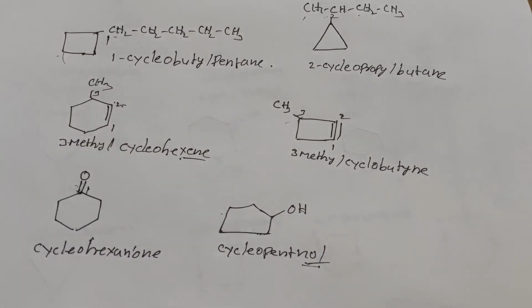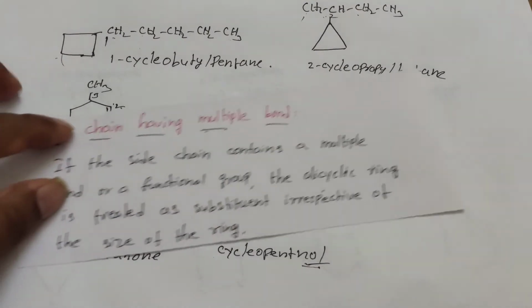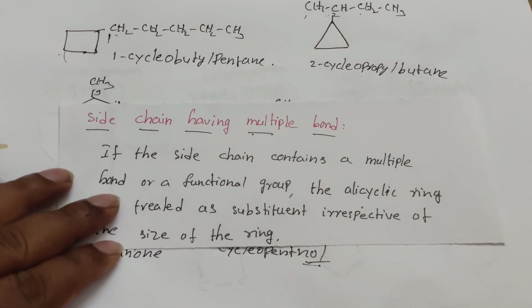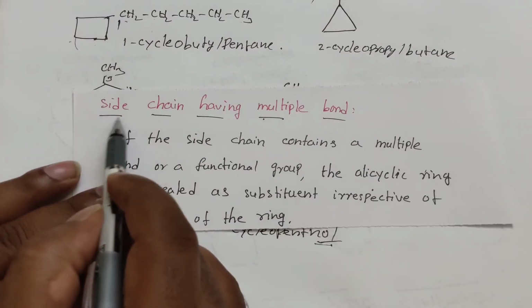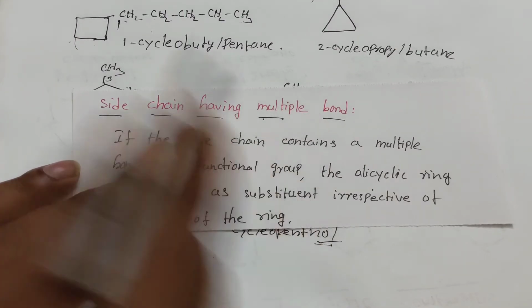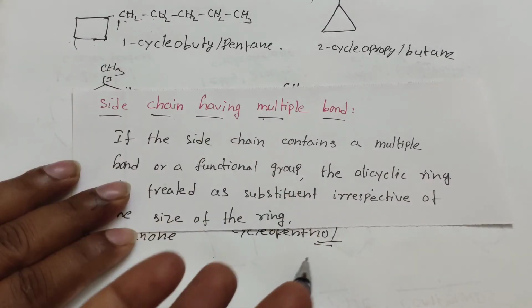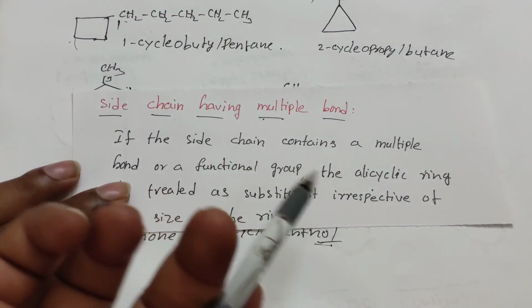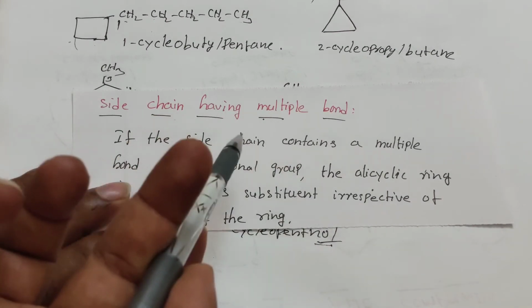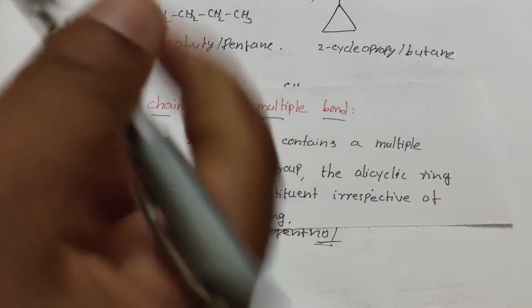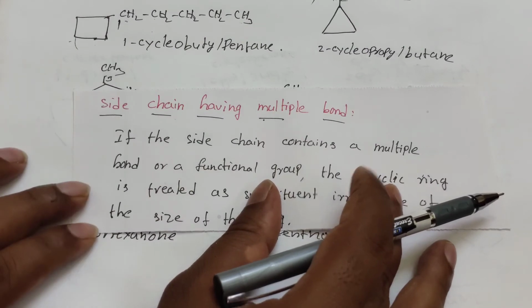Next one, the last rule. In case the side chain has the multiple bond or the functional group, and the ring is already a cyclic compound, how do we give the number or the nomenclature?